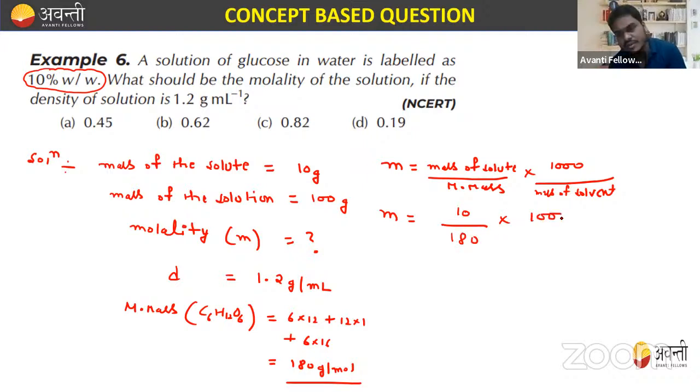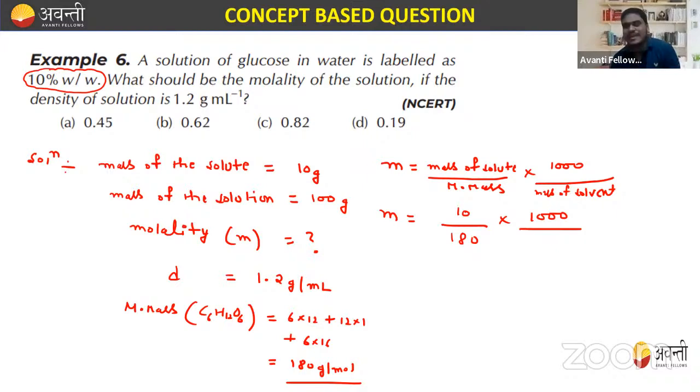Now 1000 means 1000. What is mass of solvent here? This one is a very important question here. What is mass of solvent, beta? Can anyone explain? What is mass of solvent in this question? We know mass of solution. We know mass of solute.